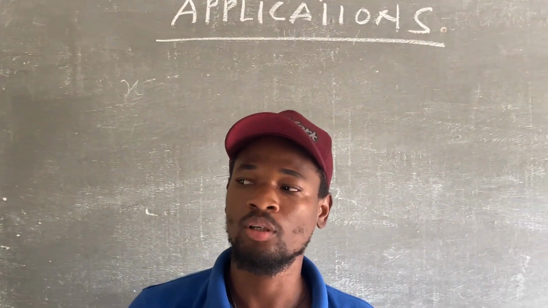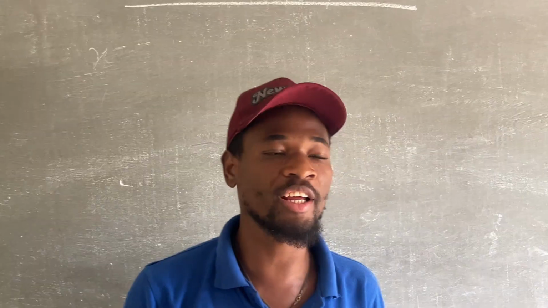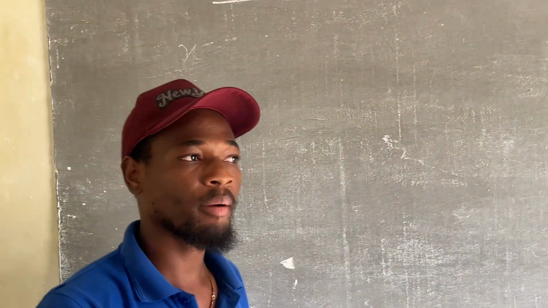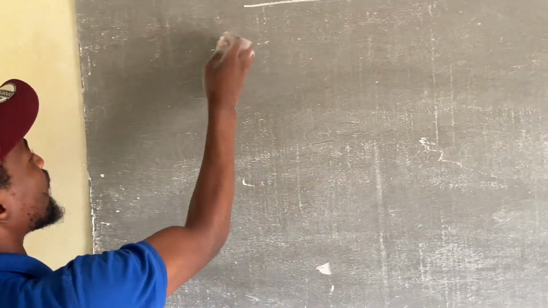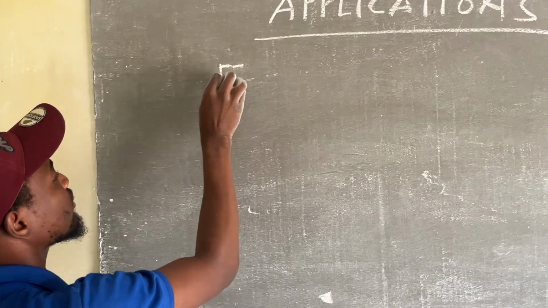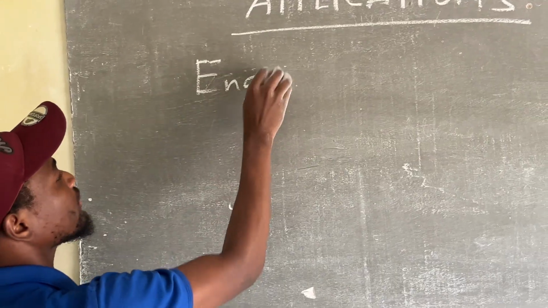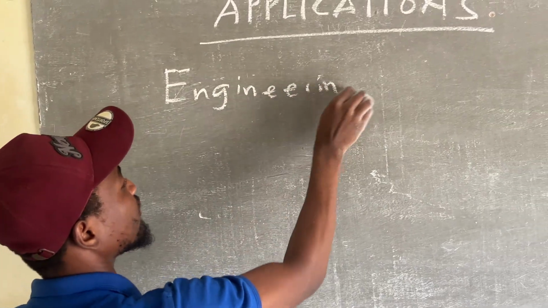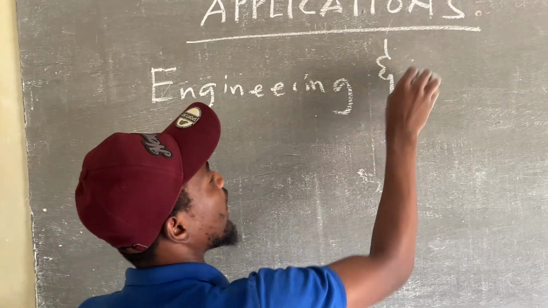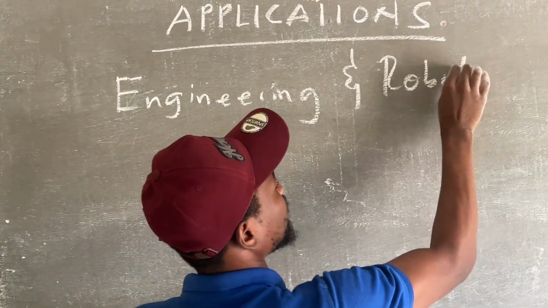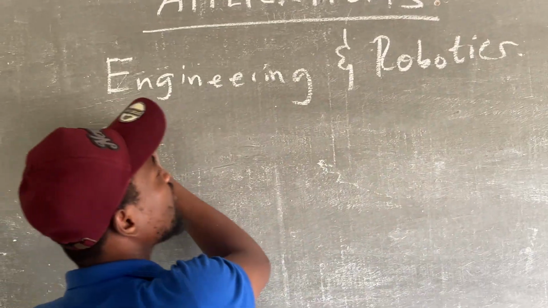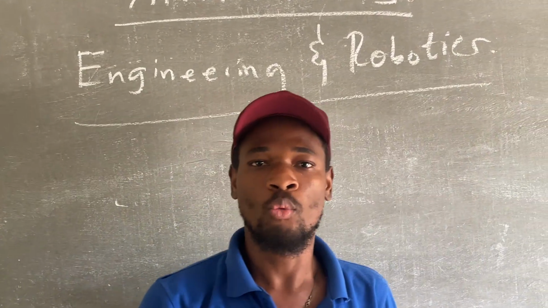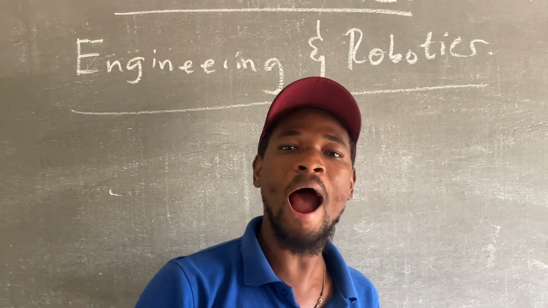Viewers, let me add another application so that you can appreciate parametric equations to their core. So the second application is that we can employ parametric equations in engineering and robotics. Now we know that robots are programmed.